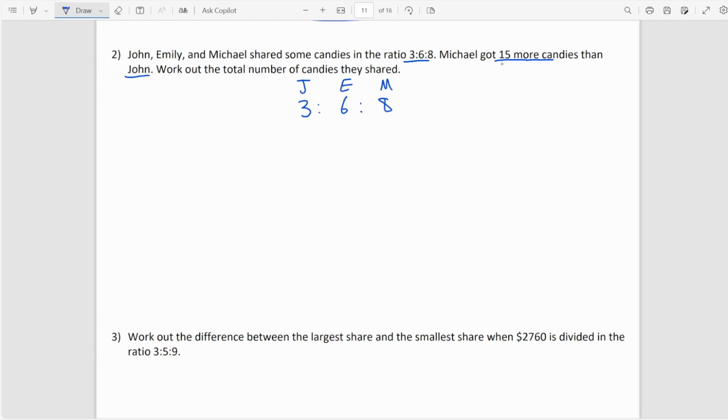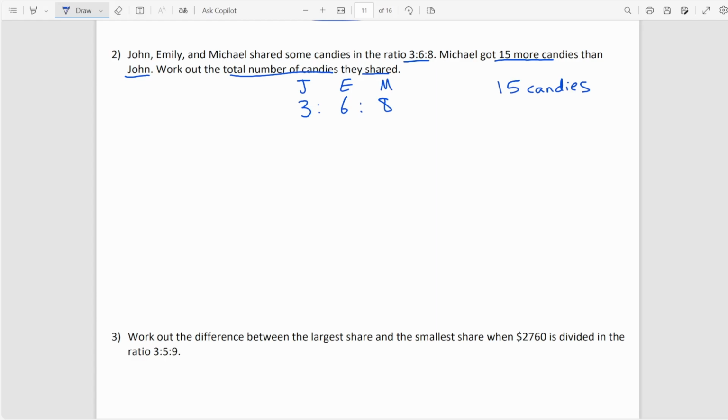So we know the difference between the shares or the parts. Okay, this is a scenario. I think it was scenario 3, but the point is that we know the difference, okay? So 15 candies. Now we need to work out the total number of candies they shared.